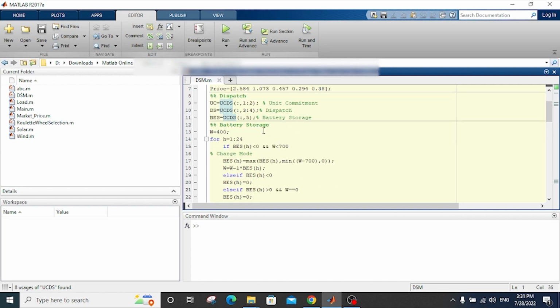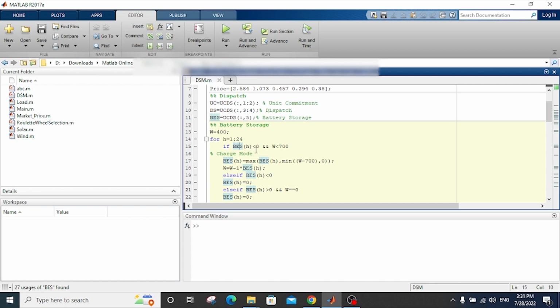The first thing is the constraint of the batteries: the energy in the batteries should not exceed 700. First we check whether the battery storage is in charging mode or discharging mode.